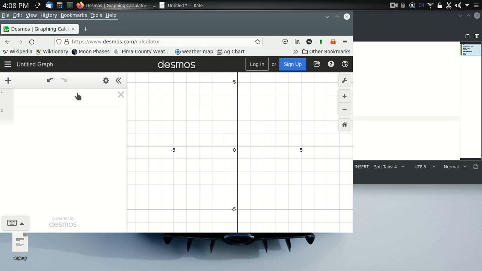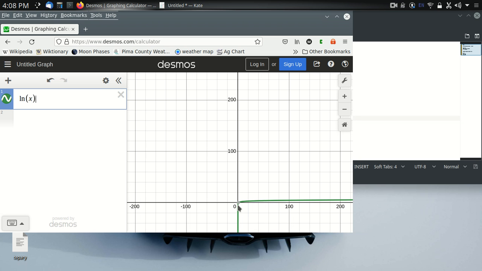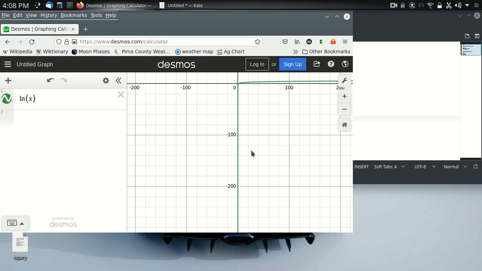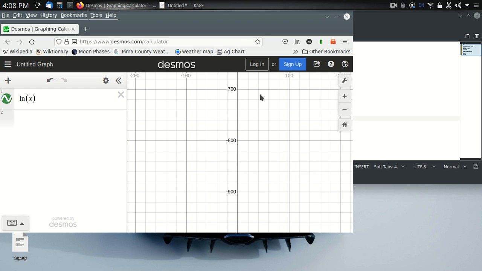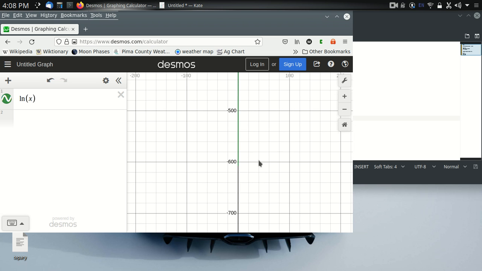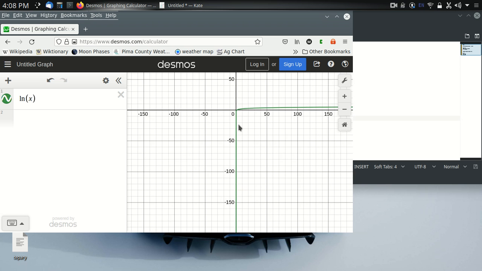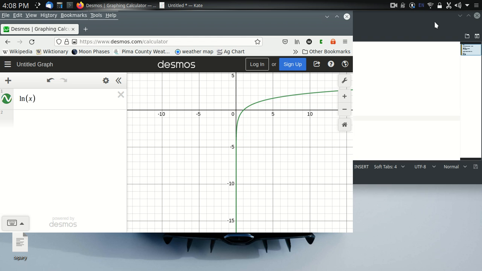Okay, yeah, I am going to actually show it here, right? So the problem is, look at this. When x is 0, what is the natural logarithm of that? Is it negative infinity? No, actually. It actually isn't. Because if we were taking the limit of it, we would get negative infinity.